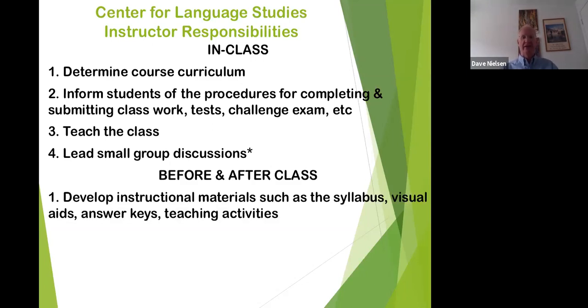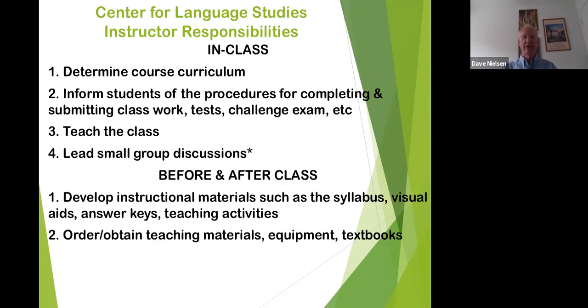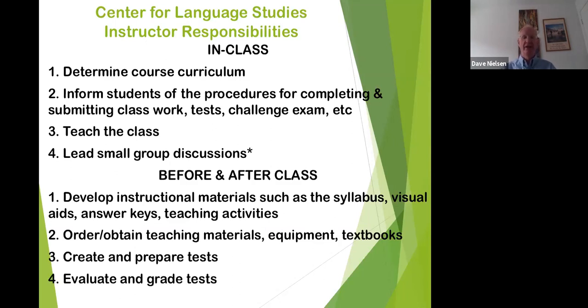Before and after class, they develop instruction materials such as the syllabus, visual aids, answer keys, teaching activities. They order and obtain teaching materials, equipment, and textbooks. They create and prepare tests, and they evaluate and grade tests. And then they would meet with students to help with assignments, but again, a TA could do that as well.